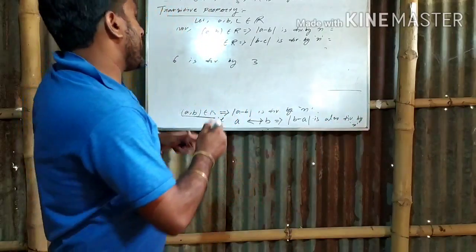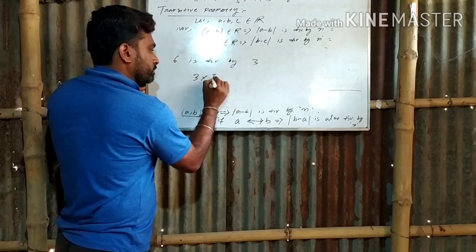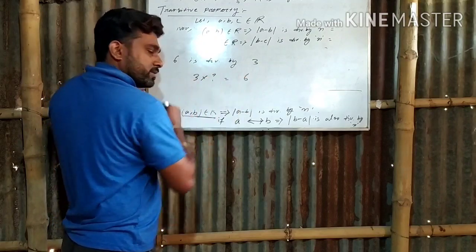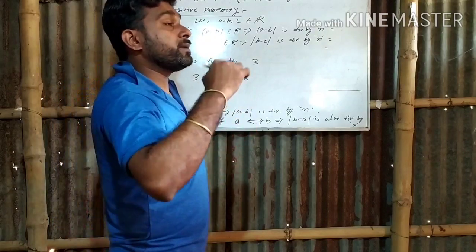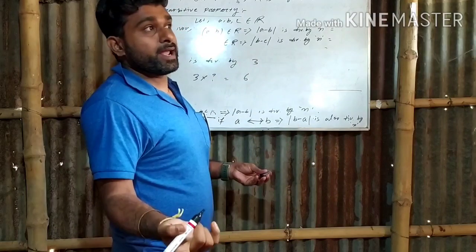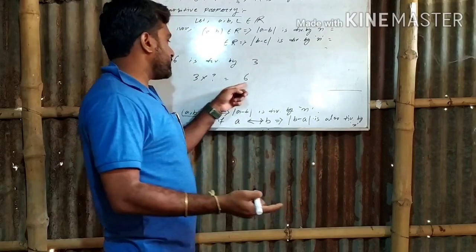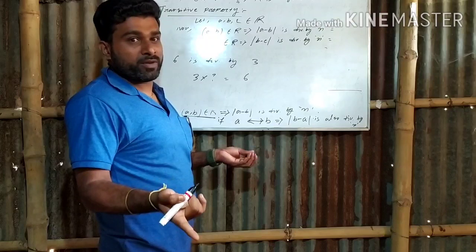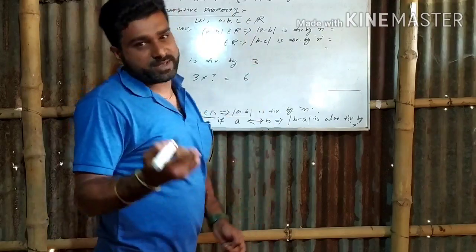So if you multiply something, any number, we don't know. Here this division we know very well, that's why 3 into 2 equals 6 you can say.